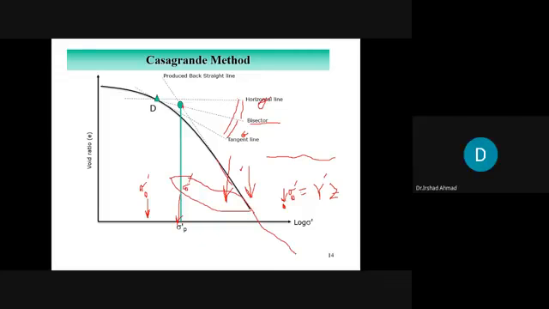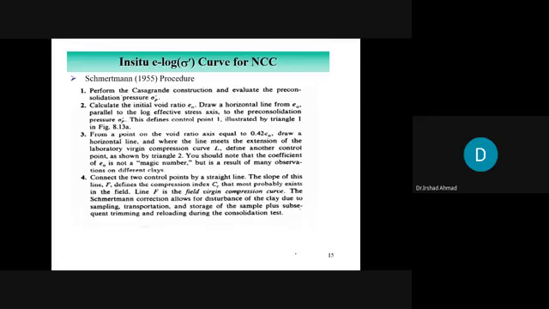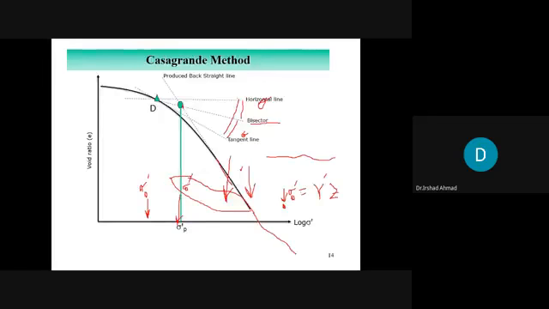अच्छा जी, आगे जाते हैं. What we did, we conducted this test on undisturbed soil specimen. Undisturbed soil specimens are those specimens which we collect from the site very carefully so that its moisture content, unit weight, and natural fabrics don't get disturbed, right?